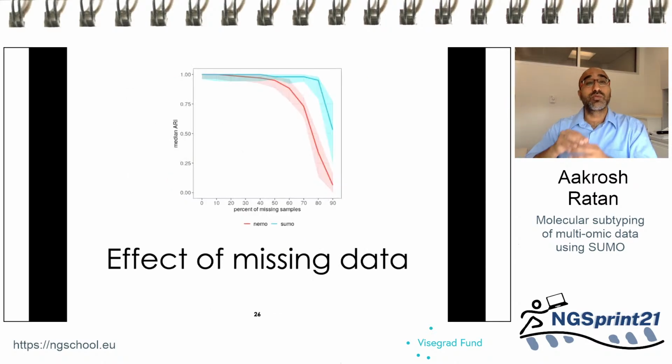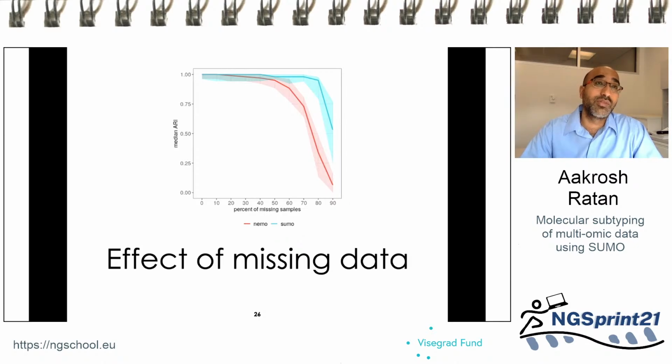Another thing SUMO does really well is handling missing data. A big problem with a lot of the current methods is they cannot tolerate missing data types. So you have to figure out a way to impute data before you can apply those methods. And you can imagine, looking at gene expression, how computationally expensive it can be to impute the data sets.